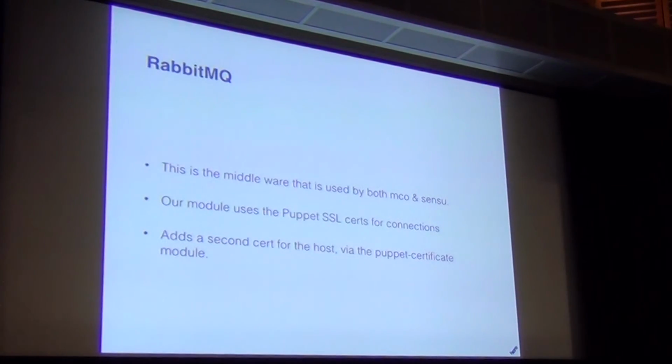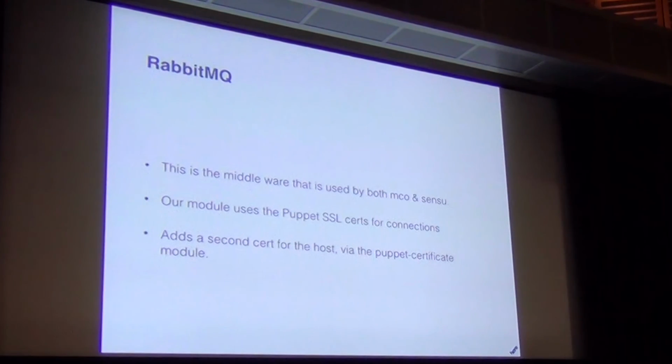So, RabbitMQ is the middleware that's used in this case by both mcollective and Sensu. We're actually using Puppet SSL certs for connections, so we're not running another CA. This is kind of handy because they all really need to have their own SSL certs to work. But you've got this CA, this entire operating PKI infrastructure that you have for Puppet.